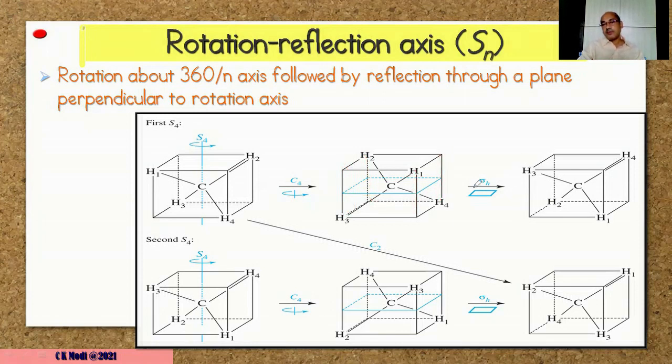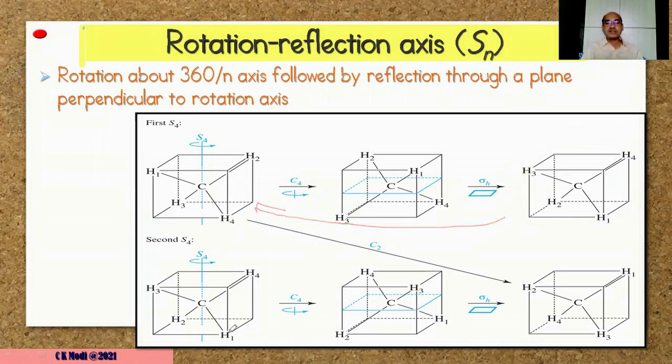So after performing the second operation, by putting a mirror plane perpendicular to that rotation axis, we get the new positions of all four hydrogens H1, H2, H3, H4. Now compare with the original structure. Both structures are equivalent. So after performing two operations, rotation about an axis followed by reflection through a plane, we get a new structure which is equivalent to the original structure.